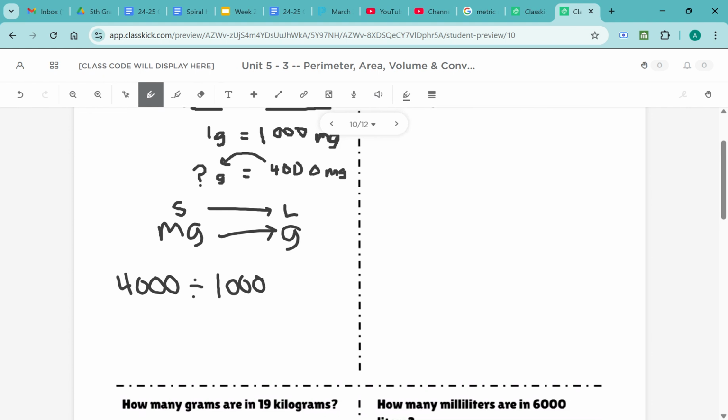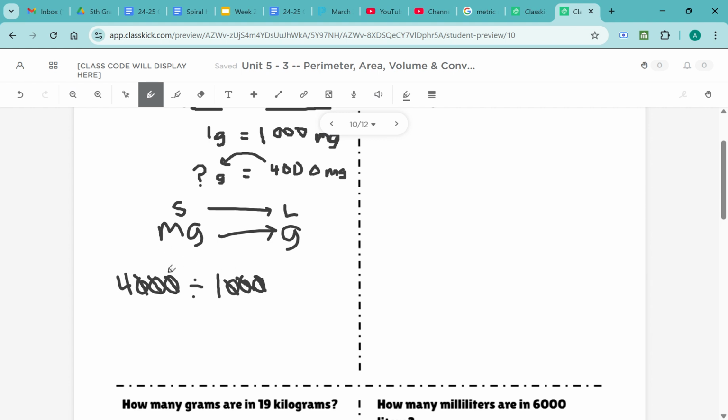Now, here's kind of another mini lesson within this lesson. Whenever you multiply or divide by numbers that end in 0, like I have 40,000 and 1,000, I can cross off zeros. So I can cross off a 0 over here and a 0 over here. I can cross off another 0 over here and another 0 over here.